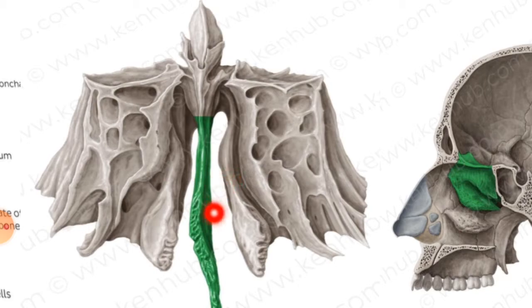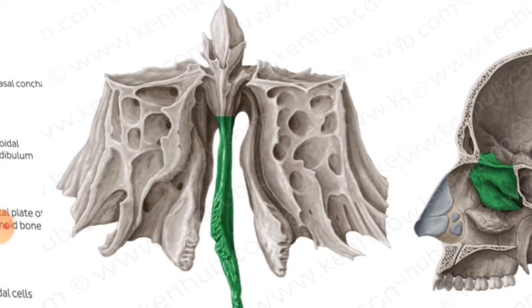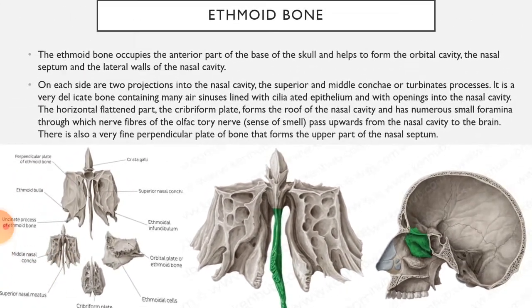This one here is called the perpendicular plate of the ethmoid bone, and here you can appreciate the different air sinuses, and we know that there are paranasal sinuses: ethmoidal, sphenoidal, maxillary and frontal sinuses. So these air cells are basically responsible for resonance, and here the ethmoidal sinuses lie, and these connect with the nasal cavity.